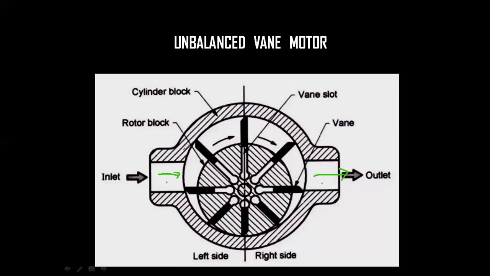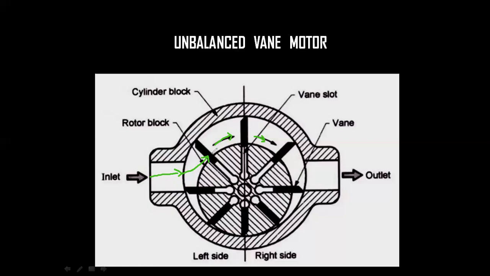How is this unbalanced force created? When the hydraulic fluid enters this chamber, it strikes the vanes, and the vanes tend to rotate. When the fluid comes with high pressure, the vanes tend to rotate at a higher speed.